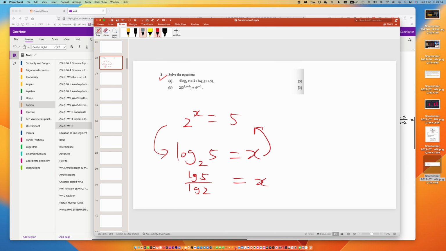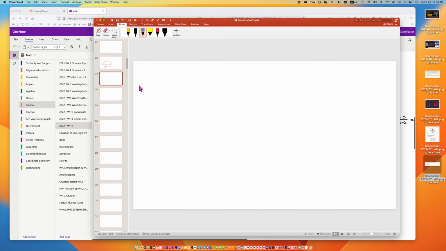If I give you indices, you need to get it into logarithm, and if I give you the logarithm, you need to get it into indices. You need to know how to get from one to the other.